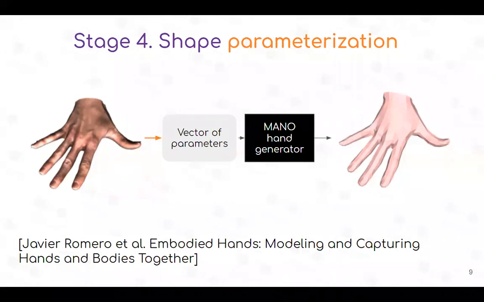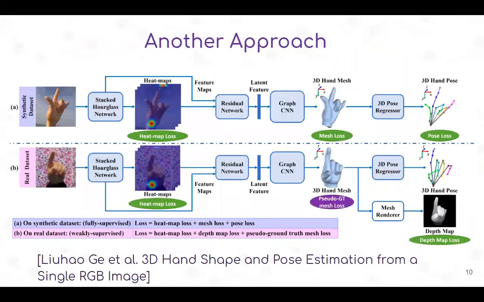It is a mathematical model based on around 4,000 3D scans, which can reconstruct a realistic hand from a set of parameters. So we treat it as a black box and invest a lot of energy to somehow reverse engineer it, to create algorithms which would be able to find these parameters, which will then be reconstructed into a realistic hand.